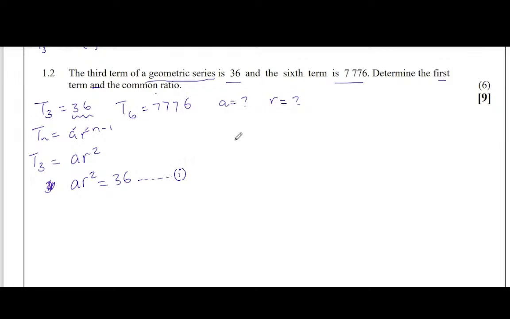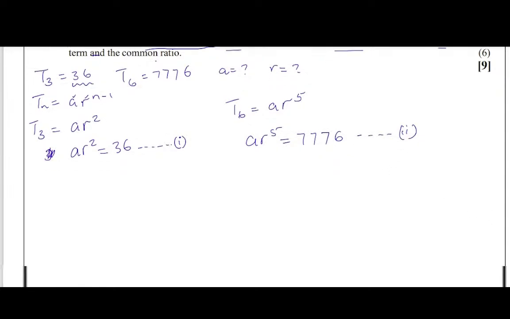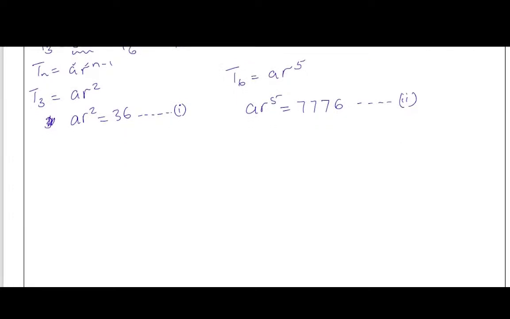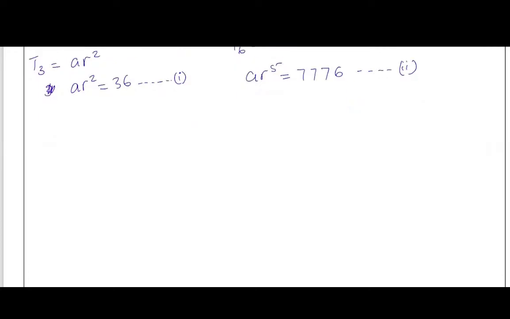And then I'll do the same with T6. So we know that T6 is going to be A R to the exponent of 6 minus 1, which gives us a 5. Where there is T6, I'll replace it with 777,6, so my A R to the exponent of 5 is equal to 777,6. I'll call this equation number 2. Then I have to solve the 2 equations simultaneously. For as long as it's a geometric, the recommended approach is to divide the 2 equations.